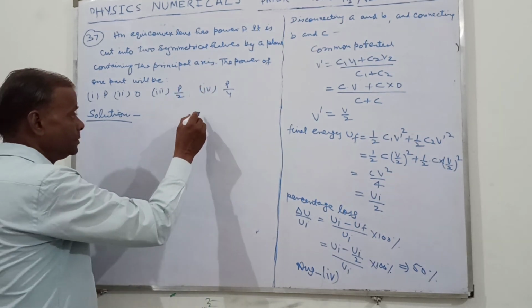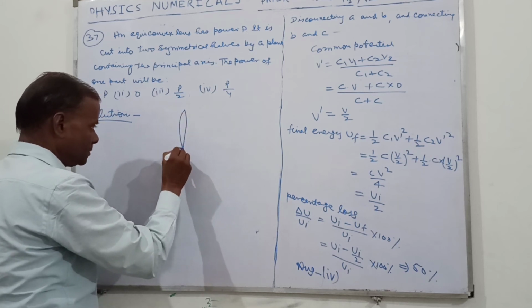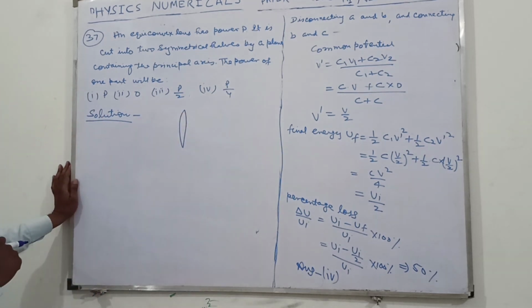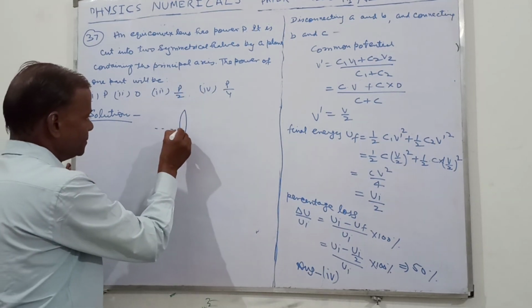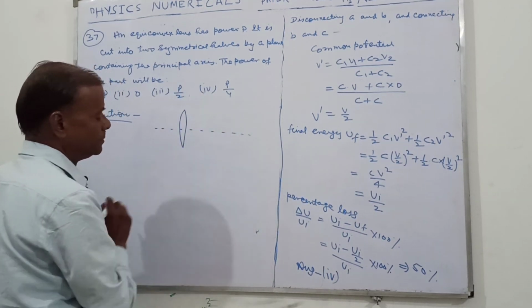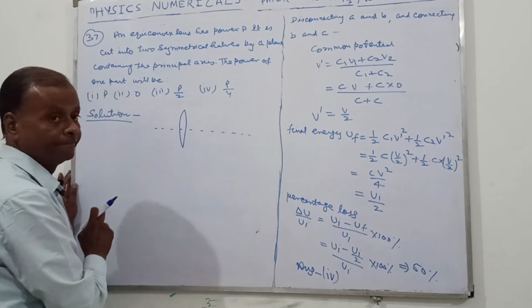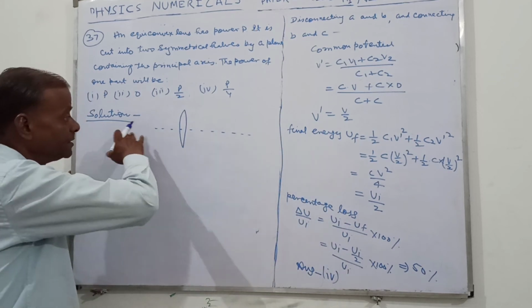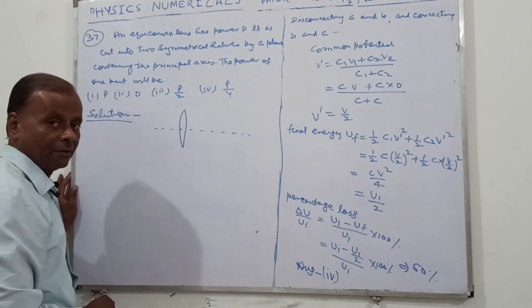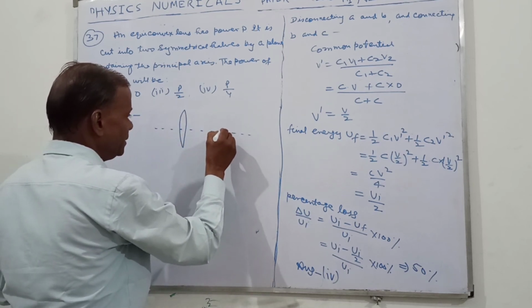It means that you are given this equiconvex lens. This is the principal axis. So we have to cut along this one, containing the principal axis. Then this will be a part like this.